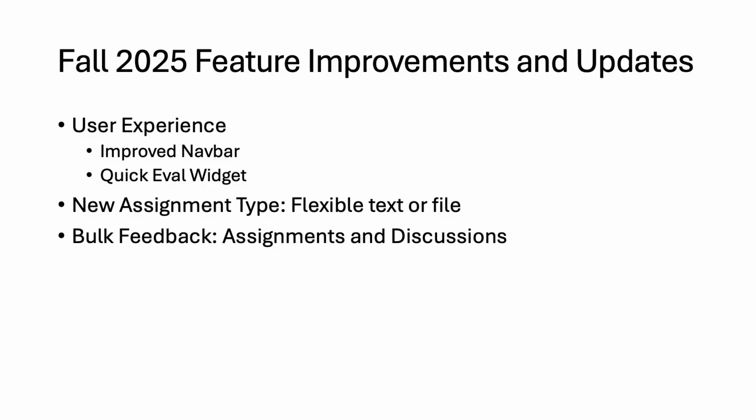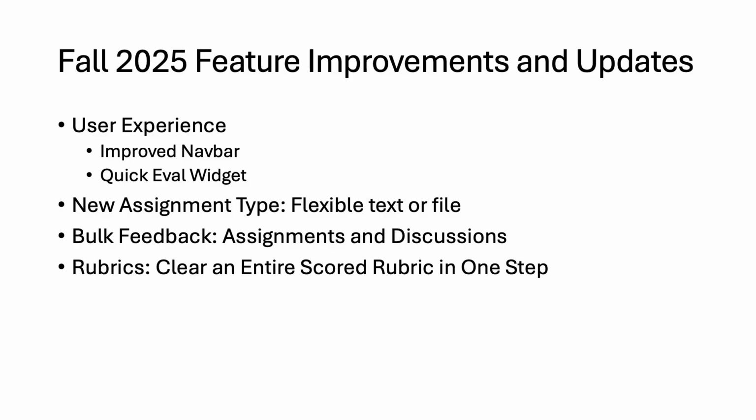The second item is increased functionality for providing feedback to students on Dropboxes and discussions. Now when looking at submissions on the submission page for a Dropbox or in discussions, you can select multiple students and click on the new Provide Feedback link.